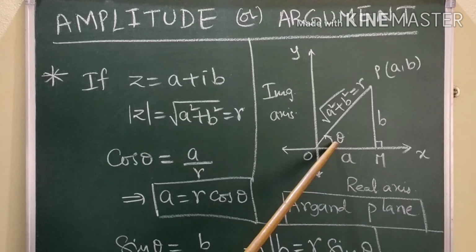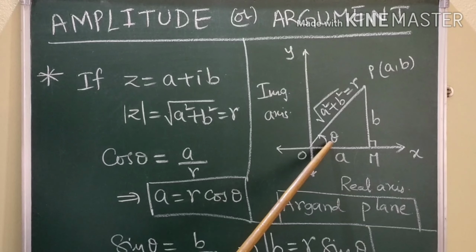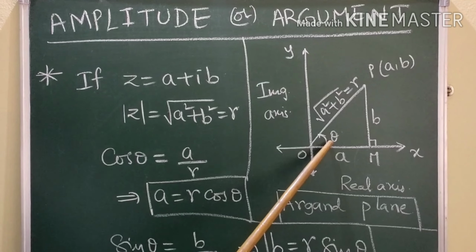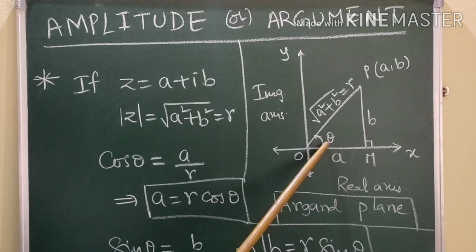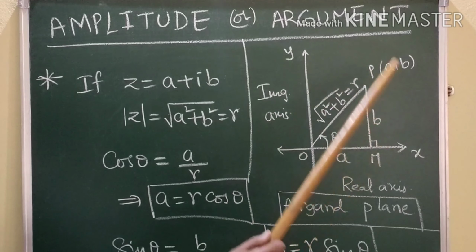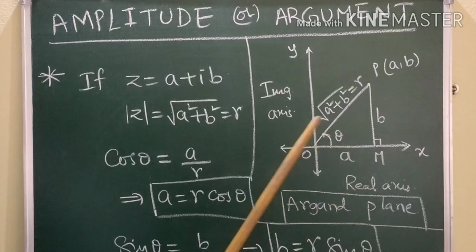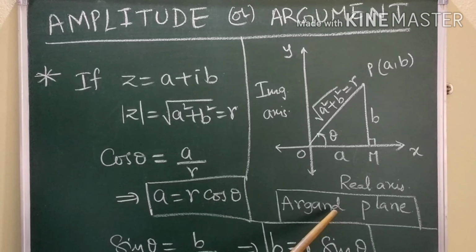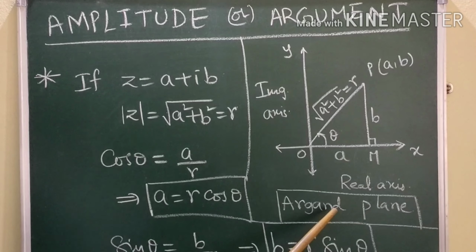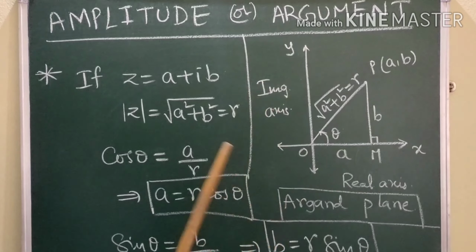And theta is the angle of inclination with x-axis or real axis, and this plane is called Argand plane, in which the complex number is represented as a graph.